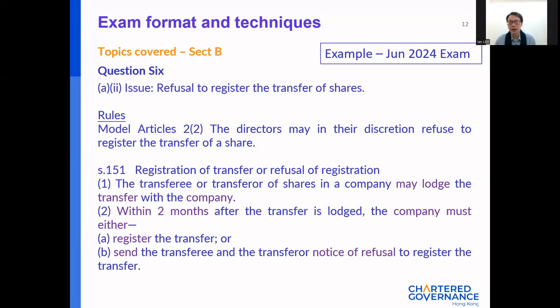Either the directors will register the transfer, or the directors refuse to register the transfer. But no matter which one, there is a timeline. Within 2 months of lodging the transfer with the company, the directors must either do the registration or send the transferee and the transferor notice of refusal. So things will not be delayed indefinitely. There's at least some defined period of time in which they must respond.